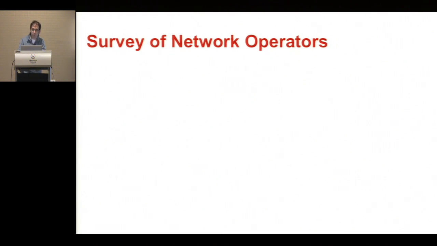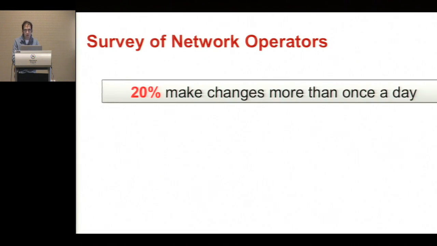If I haven't convinced you that something's going on here, maybe this will illustrate a little bit more. As part of that MOOC I teach, a bunch of network operators take the course, and I asked them a few questions about how they configure their networks. 20% of these operators make changes to their network more than once a day.